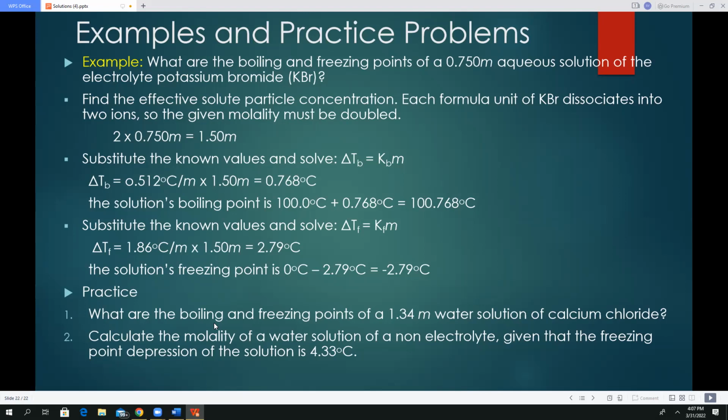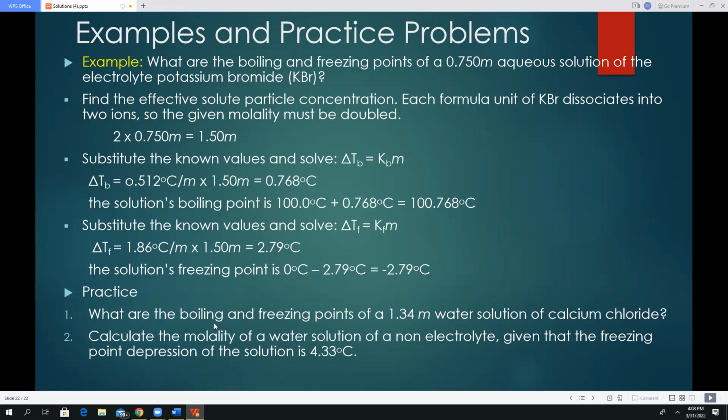I do not see it on my stuff here. Okay, I guess it is the same 0.512 Celsius per molal, right?